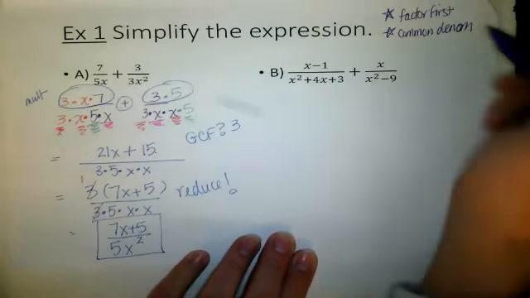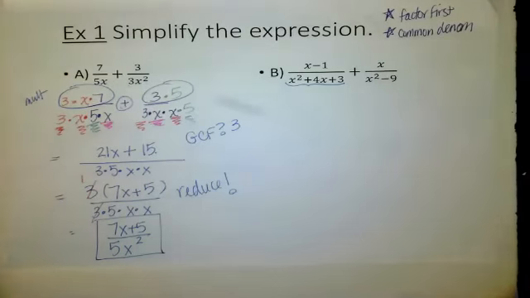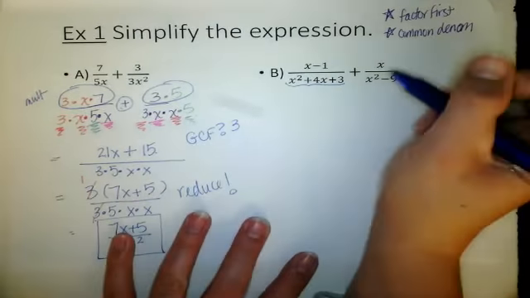So I have x squared plus 4x plus 3. Can I factor that? What can I do with that? Double bubble. Yeah, I'm going to rewrite that so that it's in factored form.